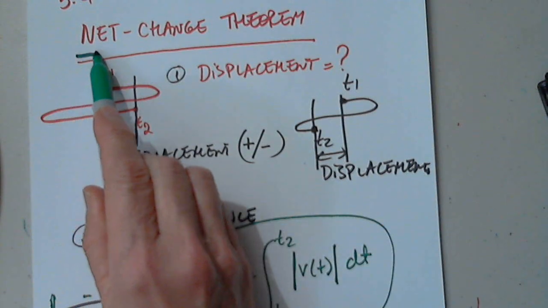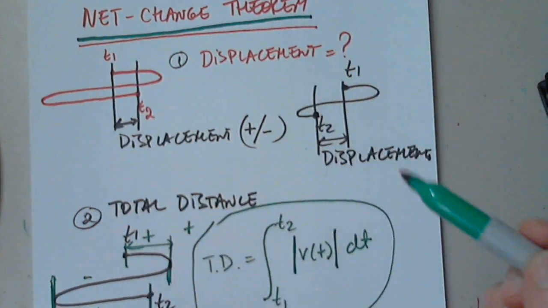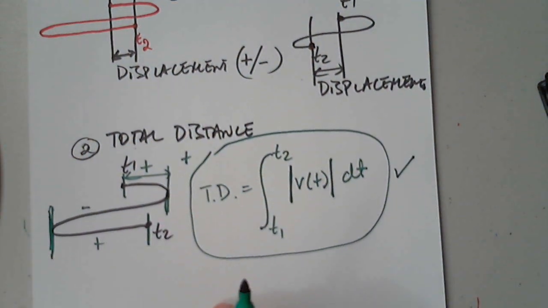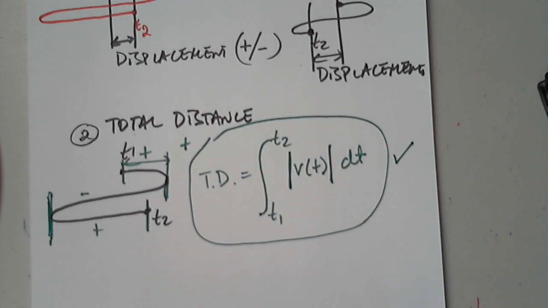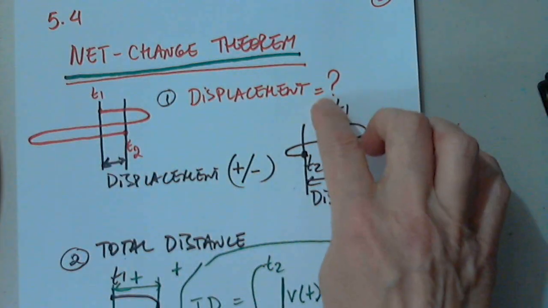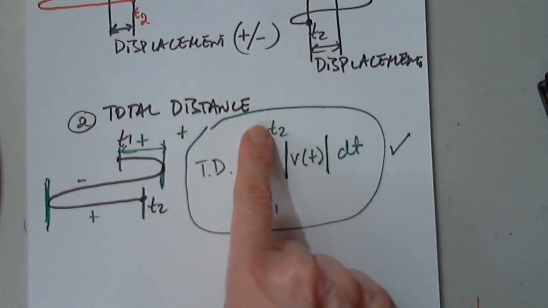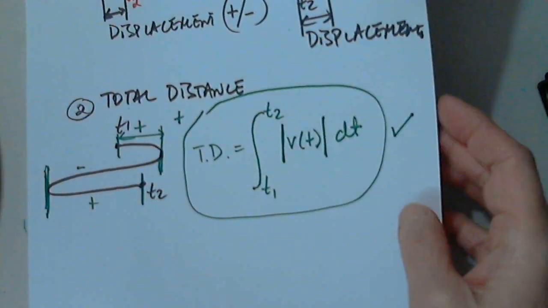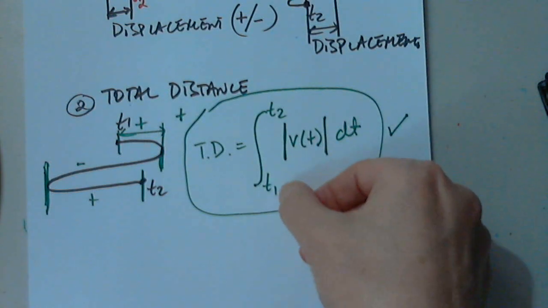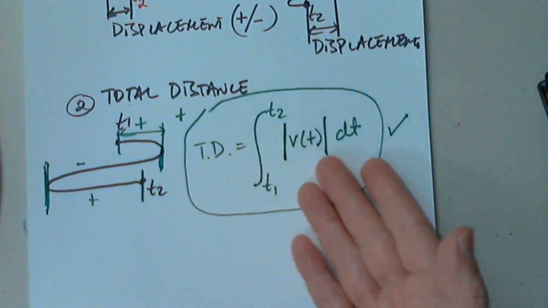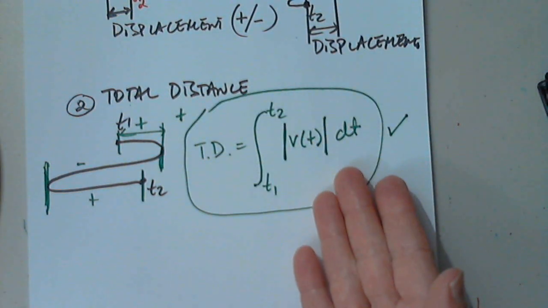the net change theorem, which is this. I would like us to practice finding the displacement and also the total distance covered by whatever particle, if you want, from T1 to T2 using the net change theorem.